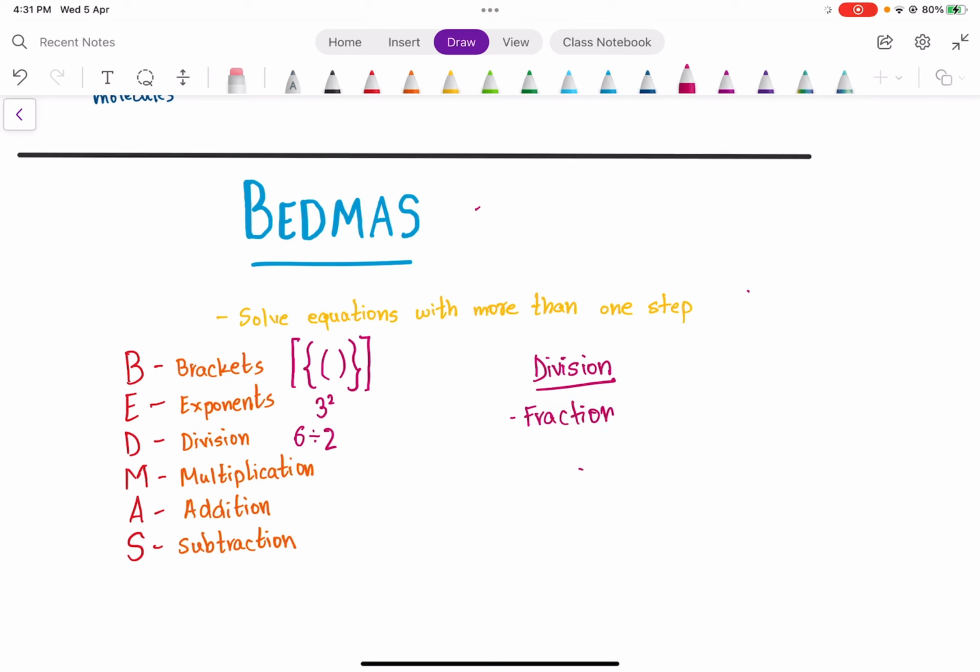So 6 divided by 2 can also be written as 6 over 2 as a fraction. So this is something to be very careful about. So if you ever see the number 6 over 2, don't freak out. All it means is 6 divided by 2.